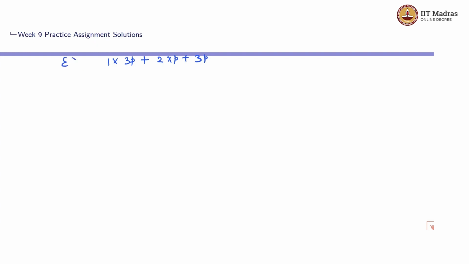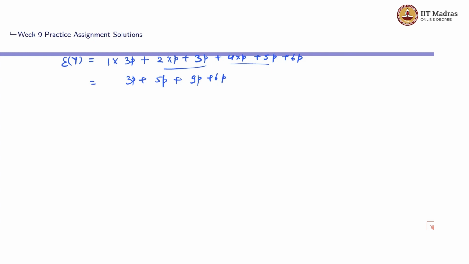So we can write the expectation of y as 3p plus 2p plus 3p plus 4 into p, 5p, 6p. So this is our expectation.